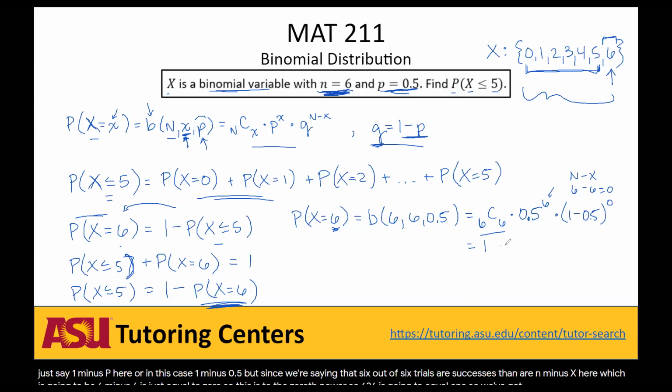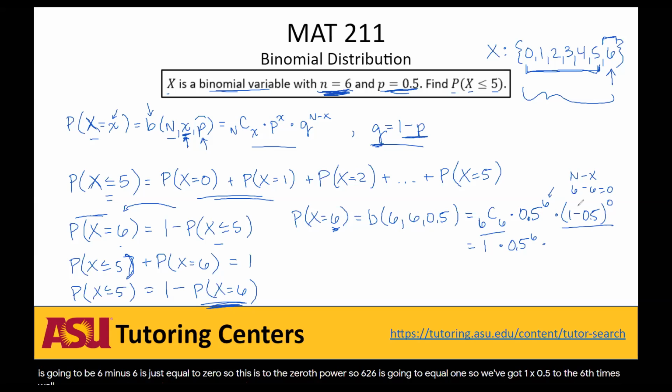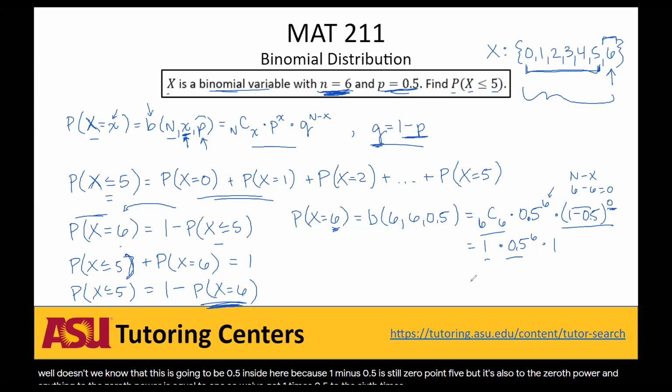So we got 1 times 0.5 to the 6th times, well, we know that this is going to be 0.5 inside here because 1 minus 0.5 is still 0.5, but it's also to the 0th power, and anything to the 0th power is equal to 1. So we've got 1 times 0.5 to the 6th times 1. So all we have to do is figure out what 0.5 to the 6th is.